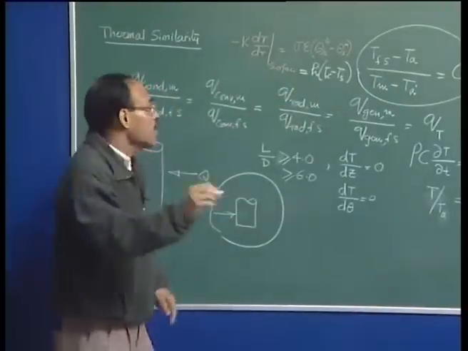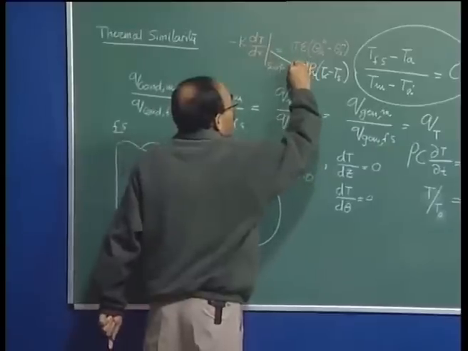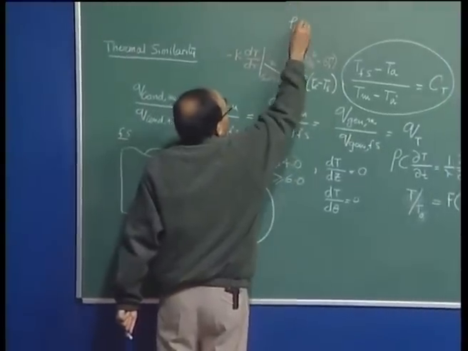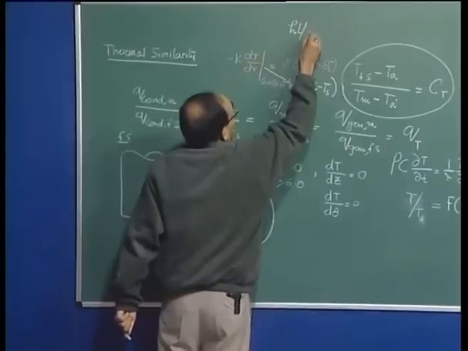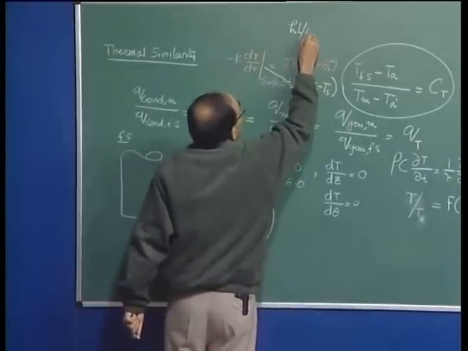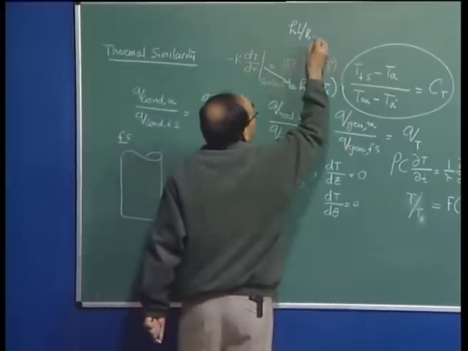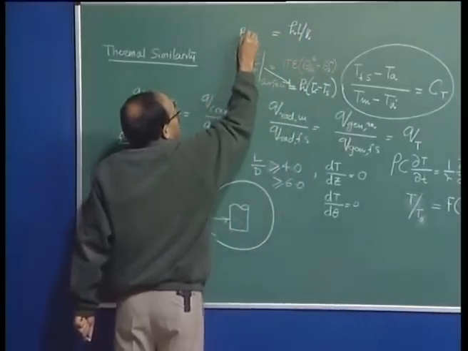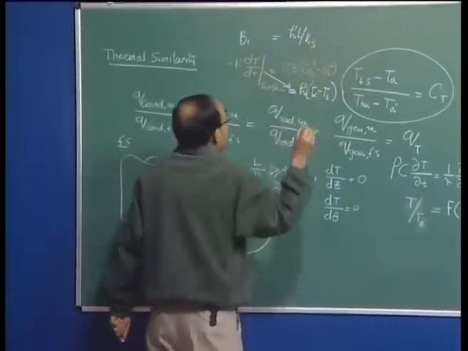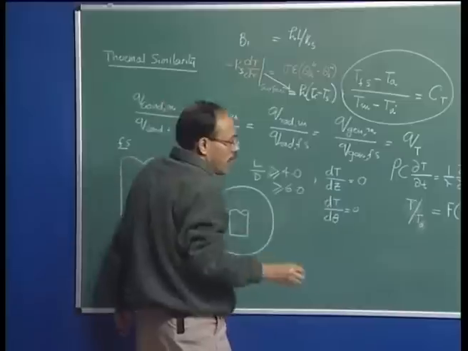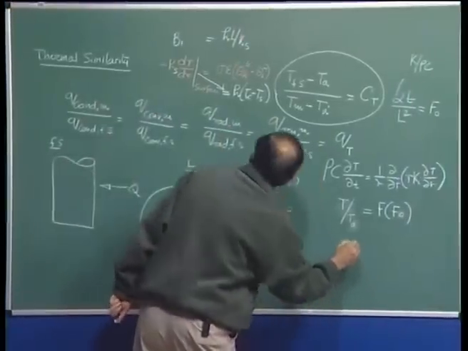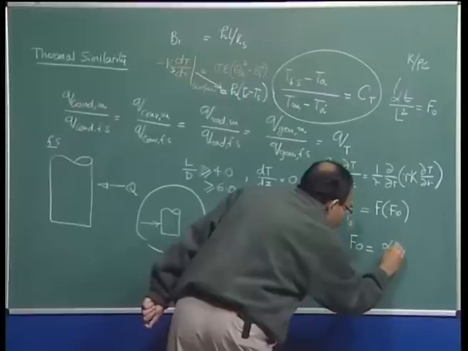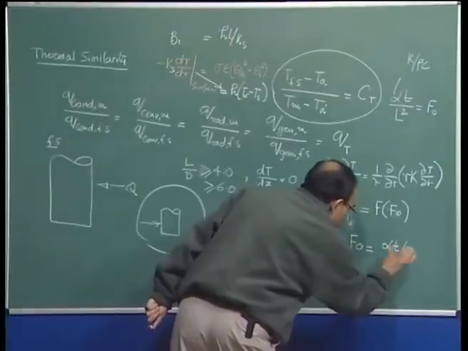So, if I assume that the heat flux is due to convection, then I will say this will give rise to, divided by K, as a number, and this is K solid, and we have the Fourier number, which is equal to alpha T by L square.